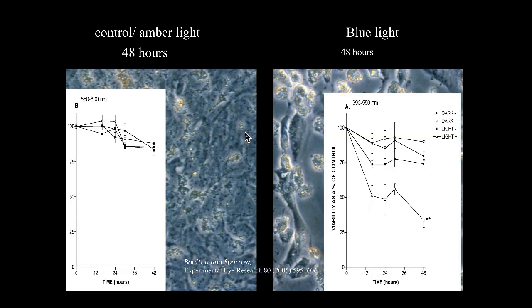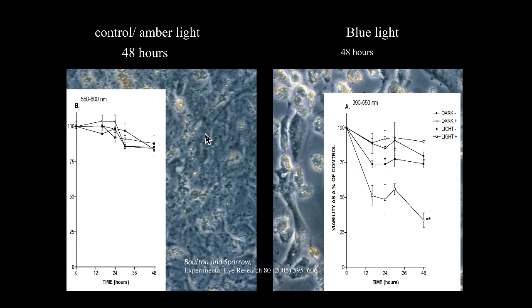And then it came out that the cells that were illuminated with blue light and fed with lipofuscin before died, and only around 30% survived after 48 hours. Cells that had been kept in the dark, or were only fed with lipofuscin, or were only in culture did not die.